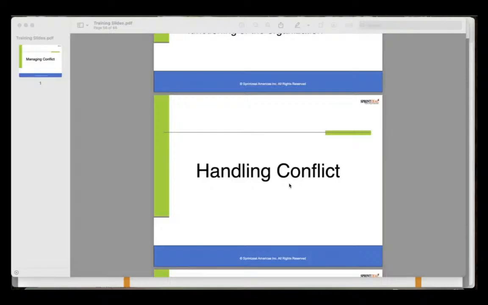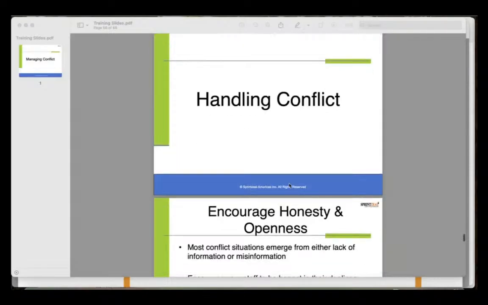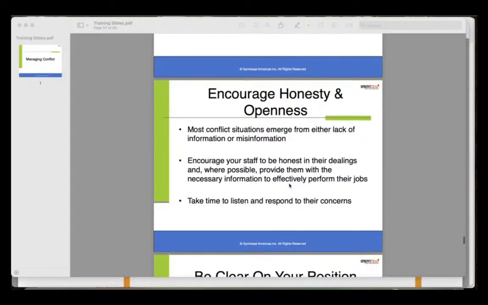While doing any conflict management, we should encourage honesty and openness with all the stakeholders. Most conflict situations emerge from either lack of information or misinformation. These are the two main situations in which conflicts occur. If you can just think of some examples.